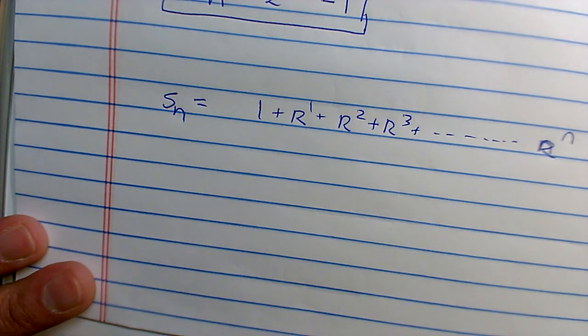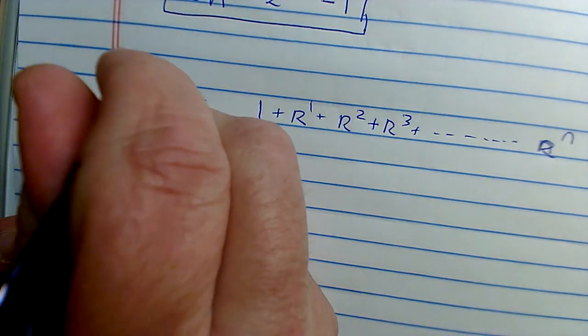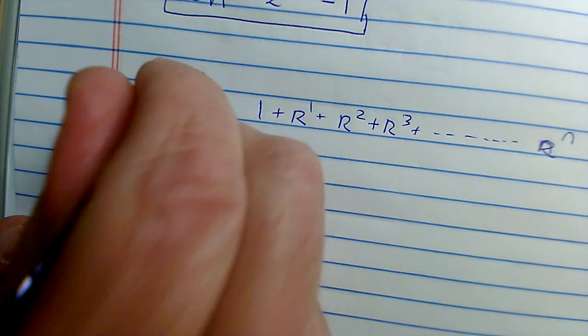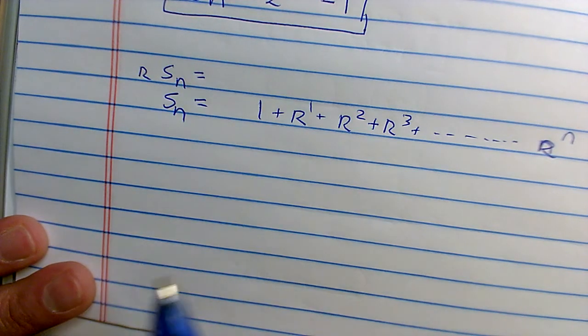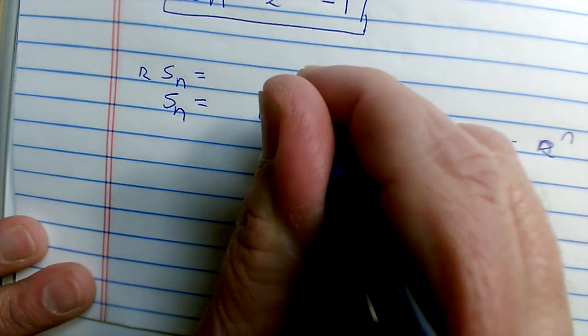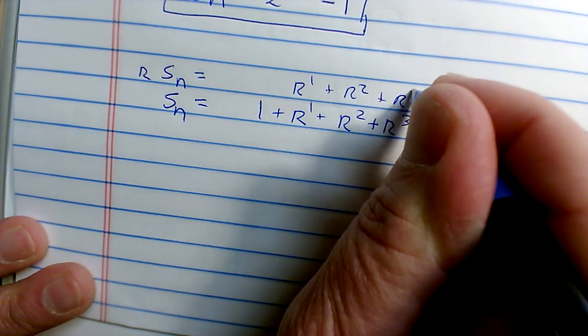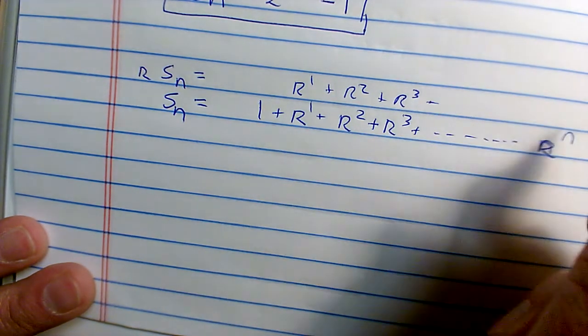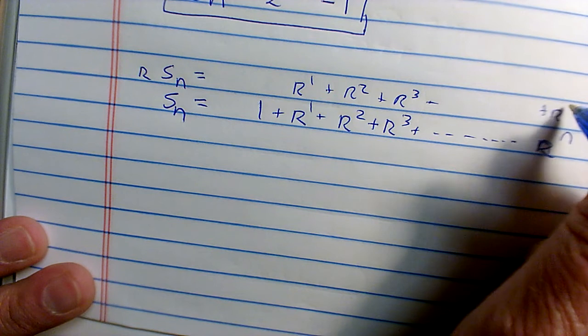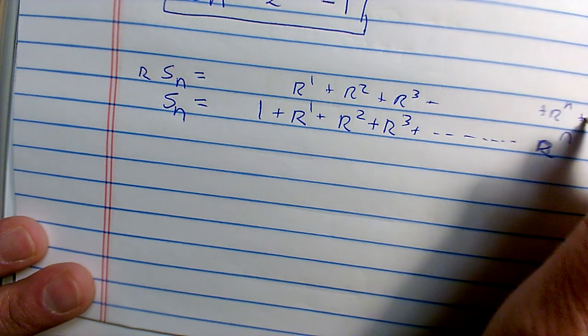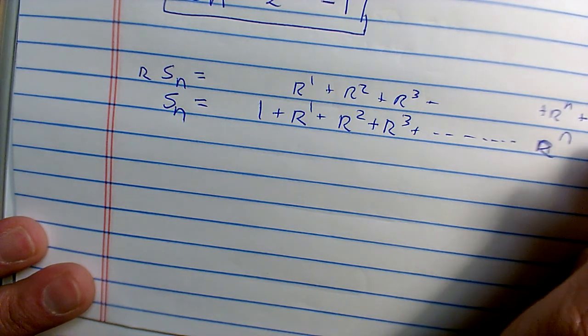Now last time I doubled it. What I'd like to do this time is multiply it by r, so that we get the same thing like before. r to the first, plus r squared, plus r to the third, and so on, up through r to the n, plus there's one more.